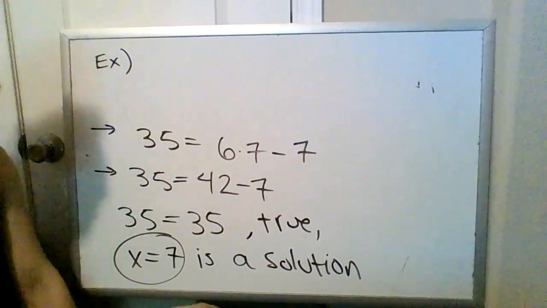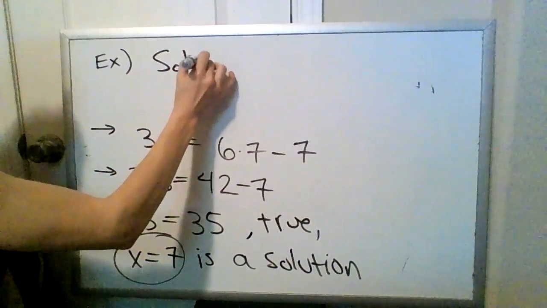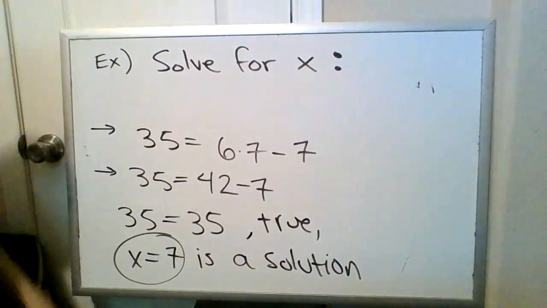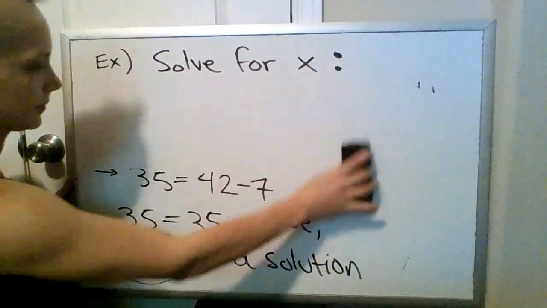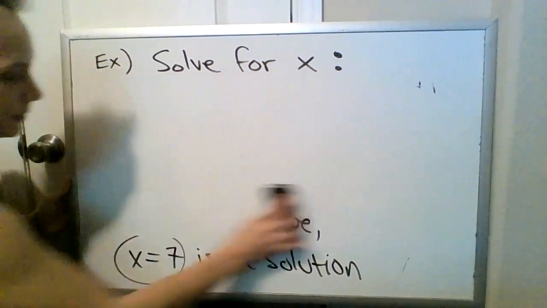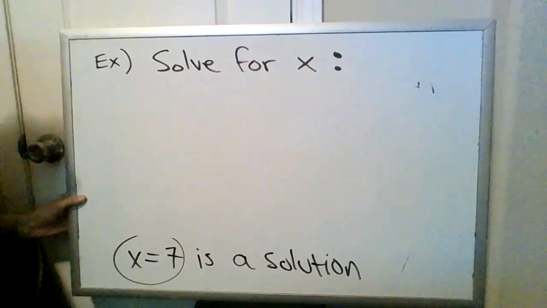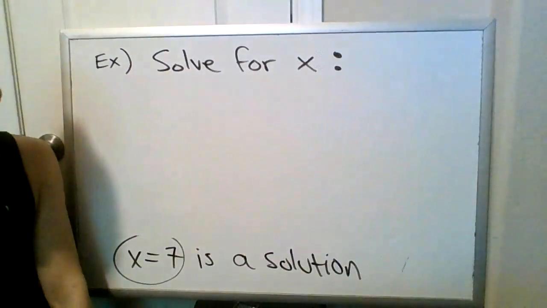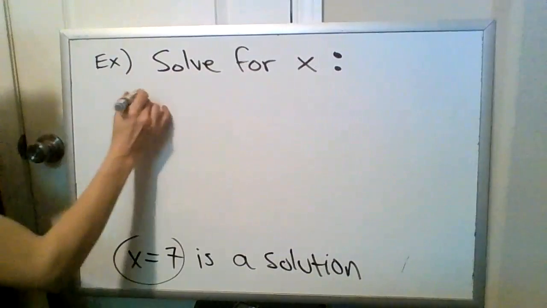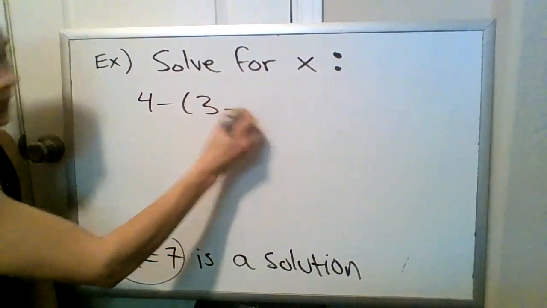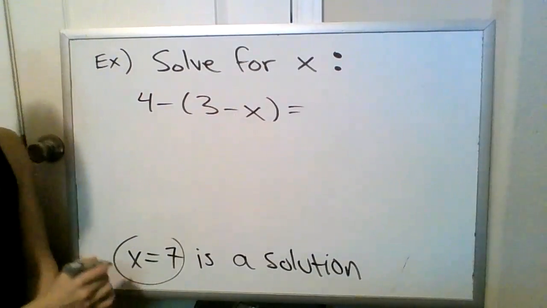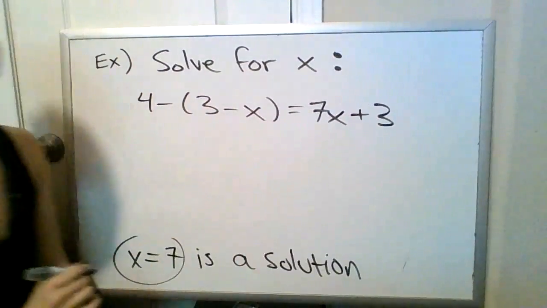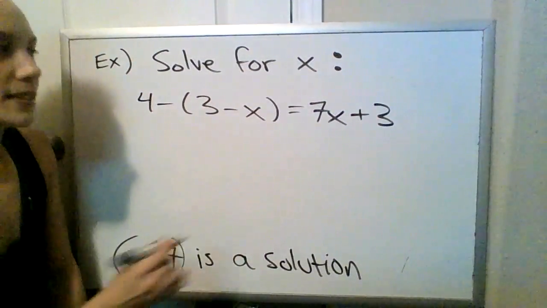So we're going to solve for x. 4 minus (3 minus x) equal to 7x plus 3 minus 9x.